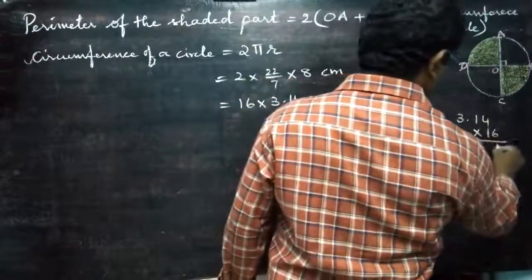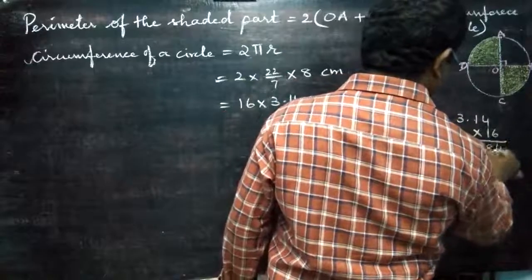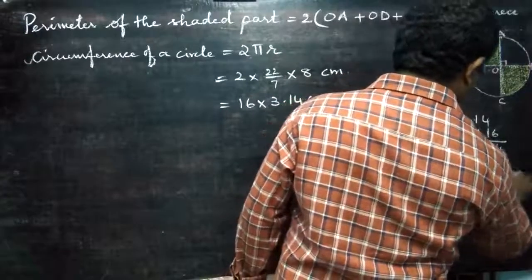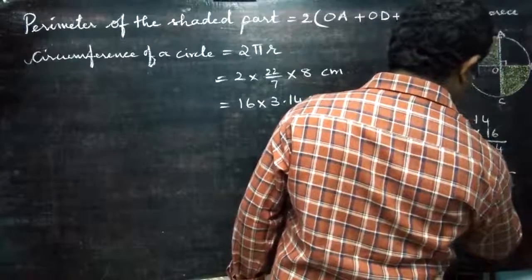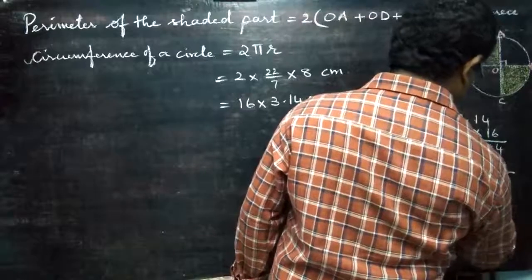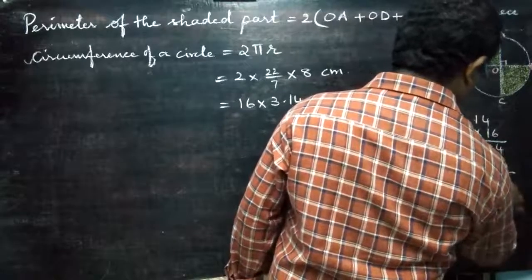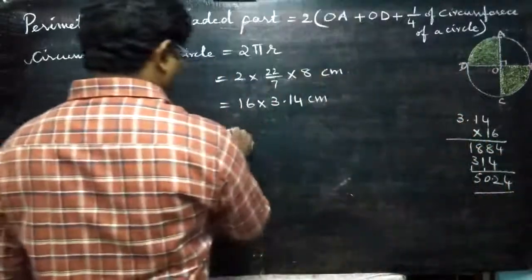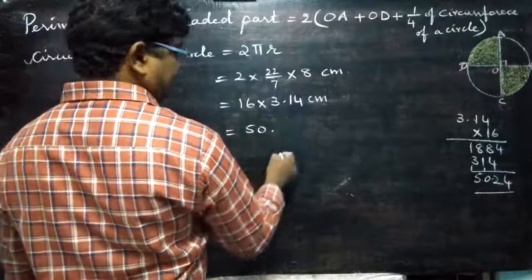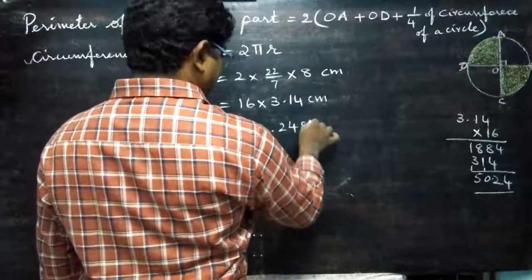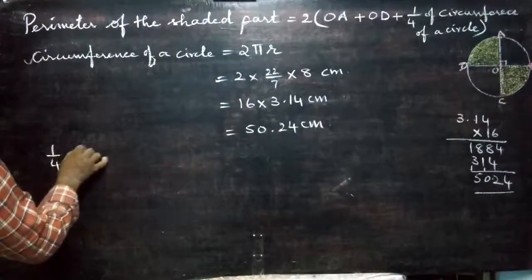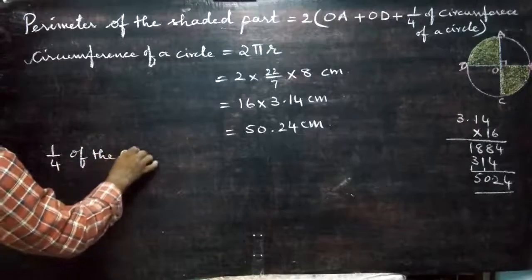Now 2 4s are 8, 1, 8, 314, 4, 12, 10, 5, 3, 4, 5. After 2 digits, how much you got means 50.24 centimeters.